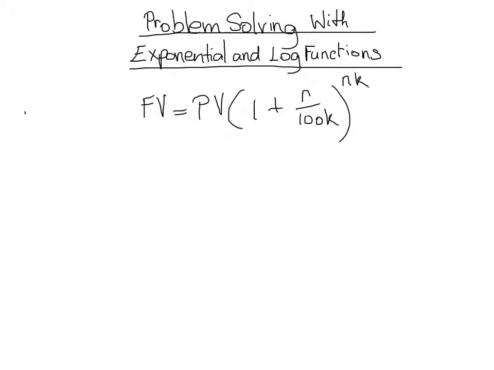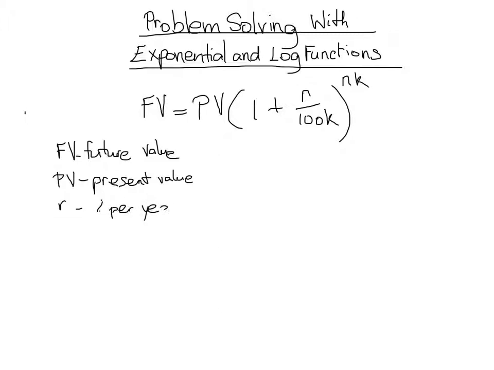Again, FV is future value, so what you end up with. PV is starting value or present value. R is the percent interest per year, so I'll just put the sign here, percent per year.